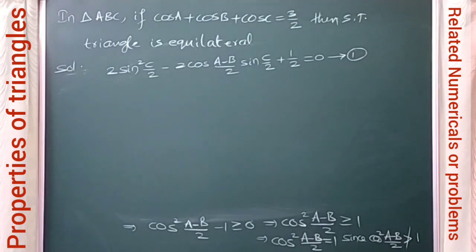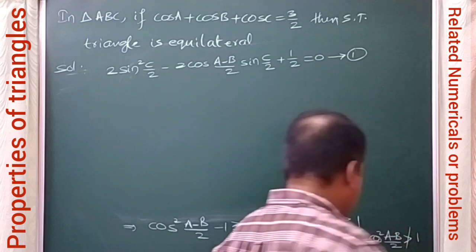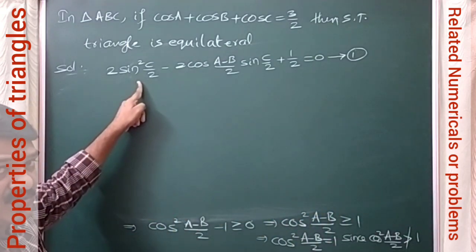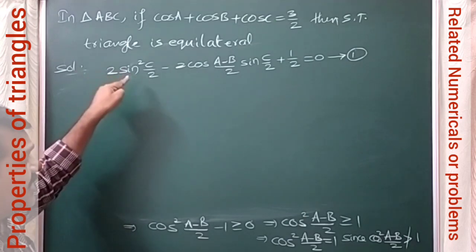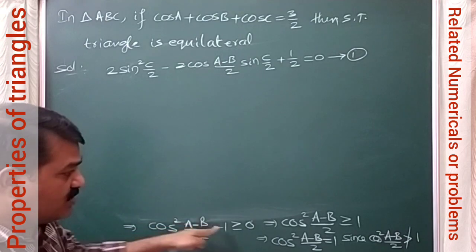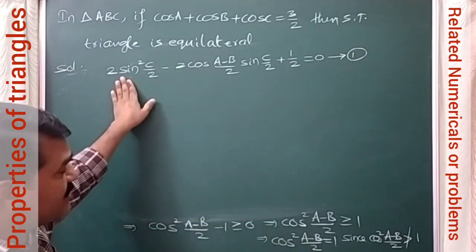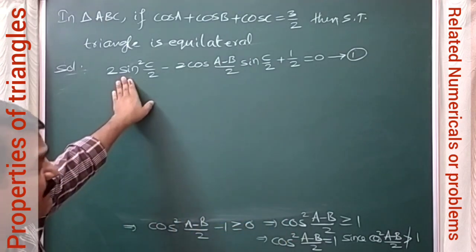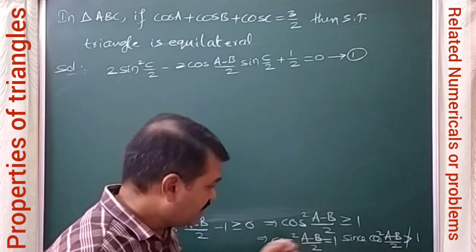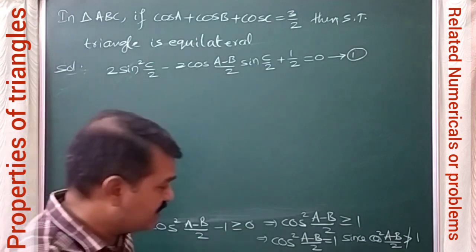Now see the continuation. So actually I have written this part, that is the quadratic equation we got now. From the quadratic equation, by taking discriminant greater than or equal to 0, we got this. This quadratic equation which we got while simplifying, I marked as equation 1. So here cos square (a minus b)/2 is equal to 1.